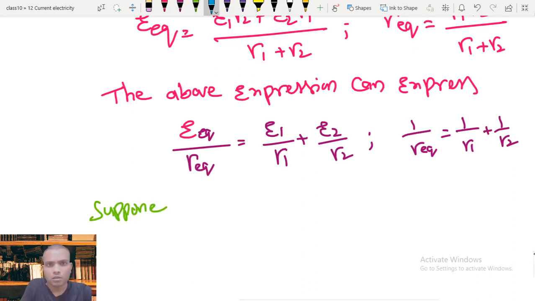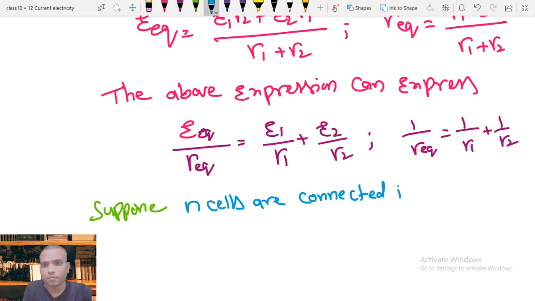Suppose n cells are connected in parallel. How can we write the equivalent expression?